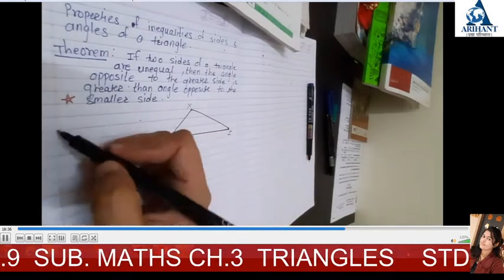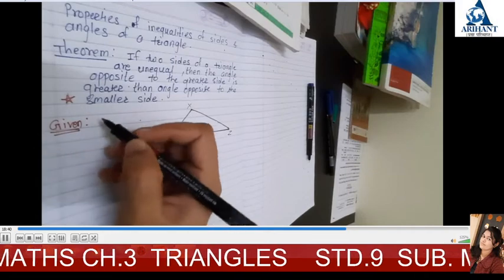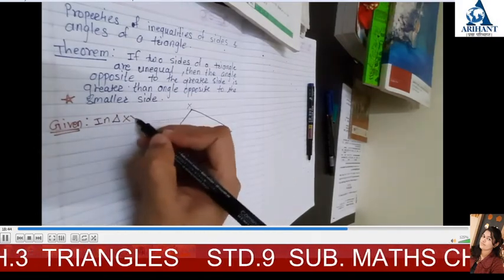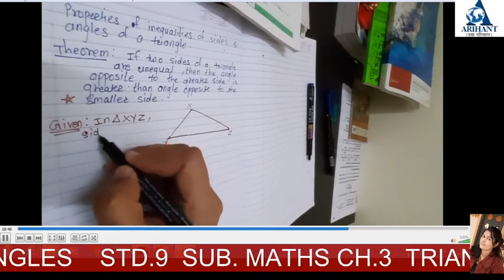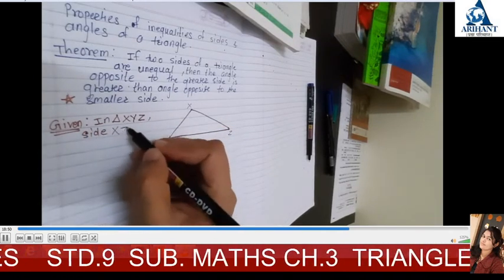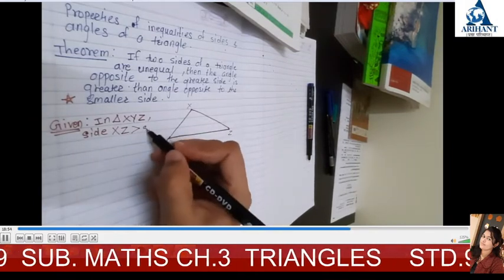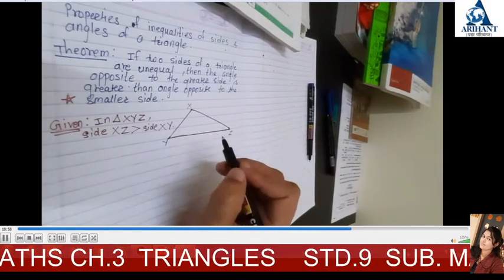So what is given? Given is, in triangle XYZ, the side XZ is greater than the side XY.